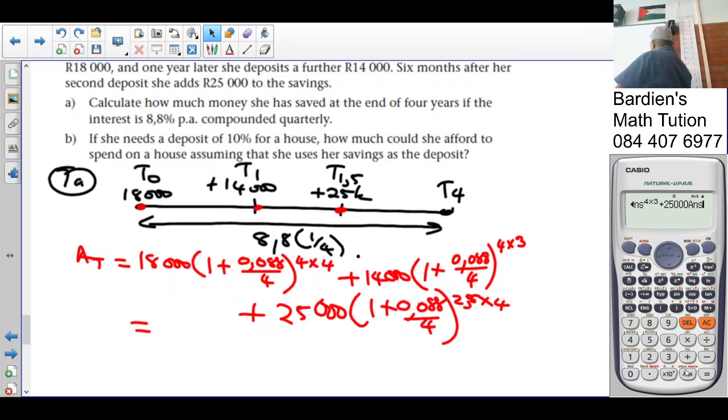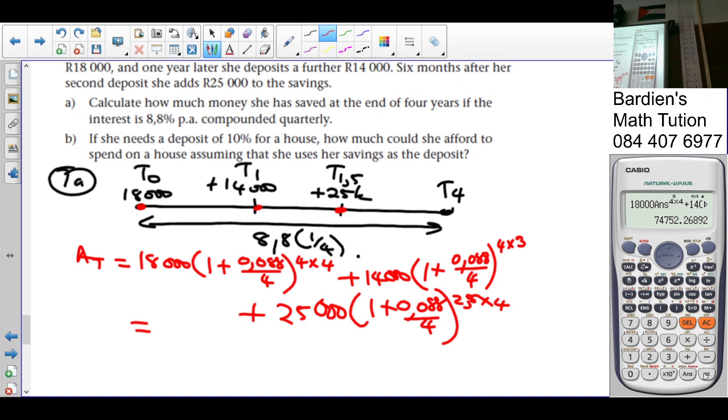Then answer to the exponent. 2 times 5 times 4. That gives us 74,752 rand and 27 cents. Okay.